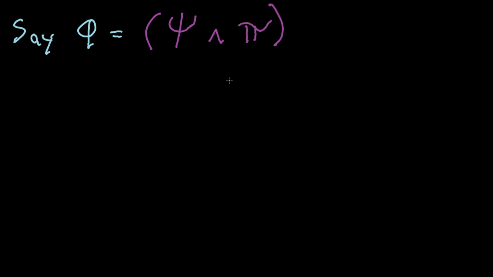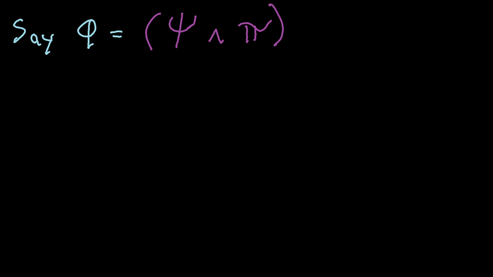Okay. So, step two now is, let's say that actually phi is of the form psi and, what's another Greek symbol? I guess psi and pi will be fine. So say phi is of the form psi and pi.